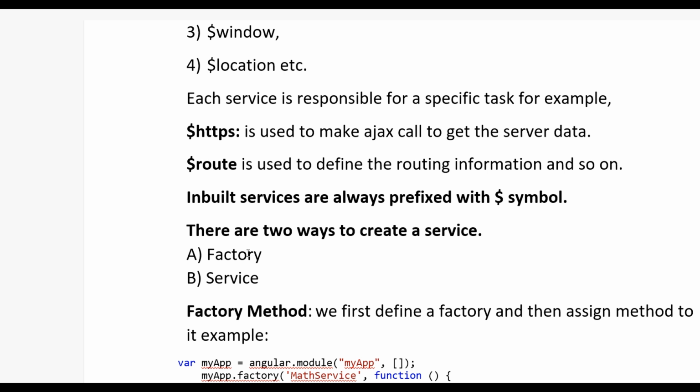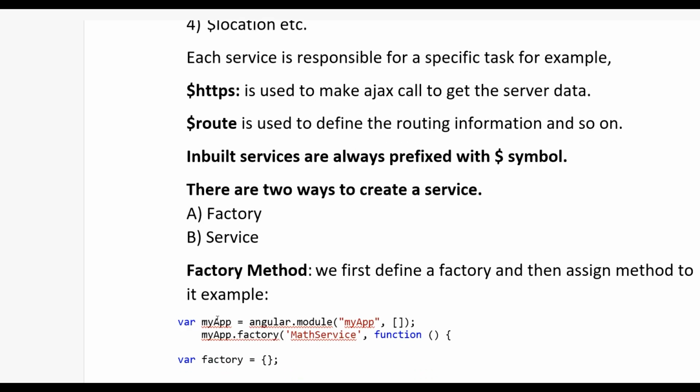Example. Let us define a variable myApp equal to angular.module with the app name myApp, and the brackets are for the dependency injection library. Here myApp.factory, then the name, which is the service factory name, and here we define a function with curly braces.